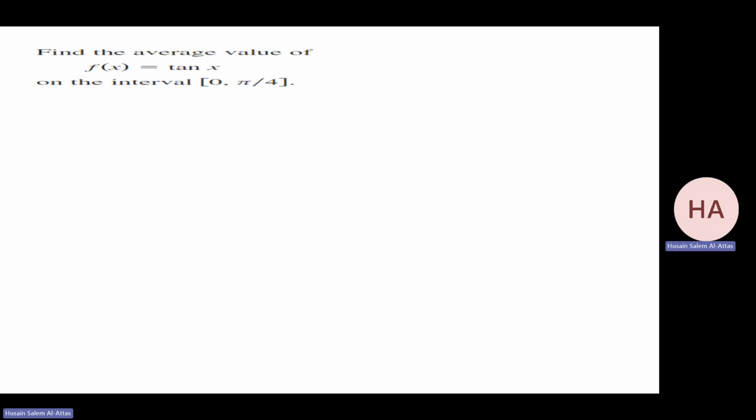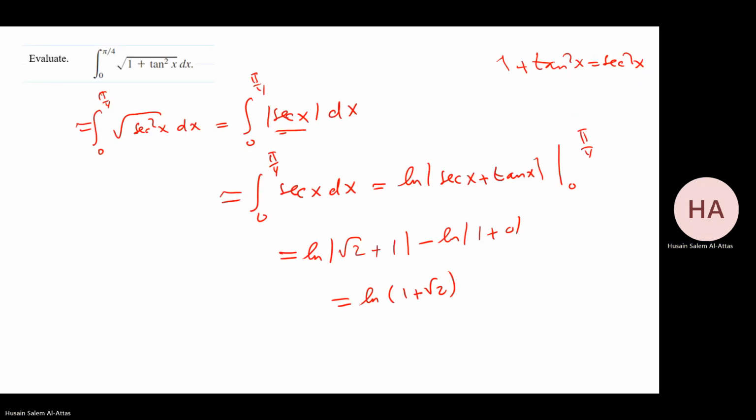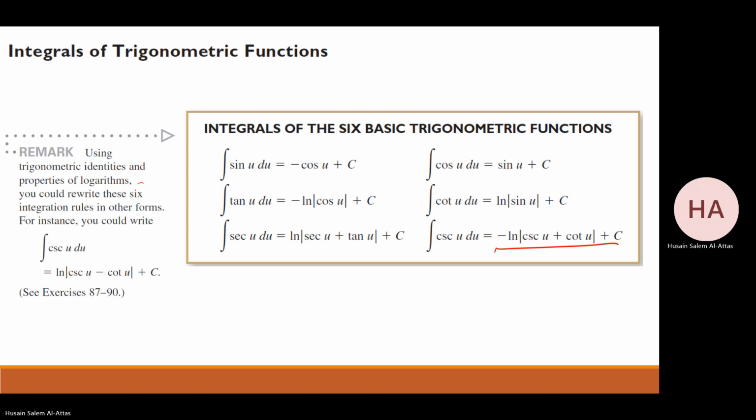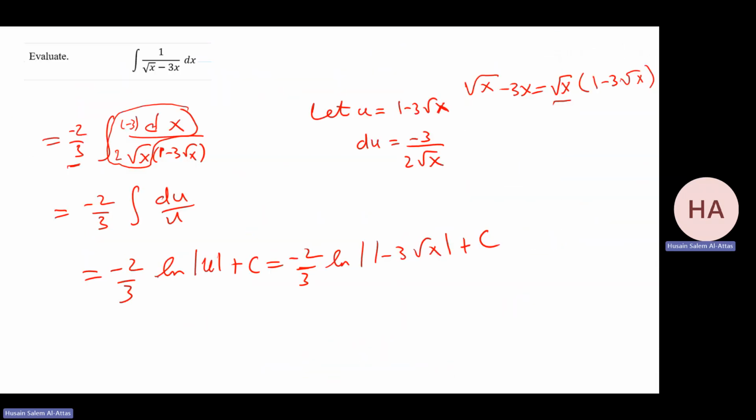Find the average value. The average is 1 over pi over 4 minus 0, times the integral from 0 to pi over 4 of tan x dx, and I know this is 4 over pi. What's the integral of tan? The integral of tan is minus ln cosine.